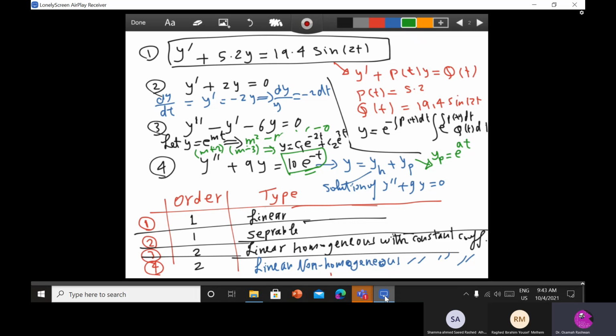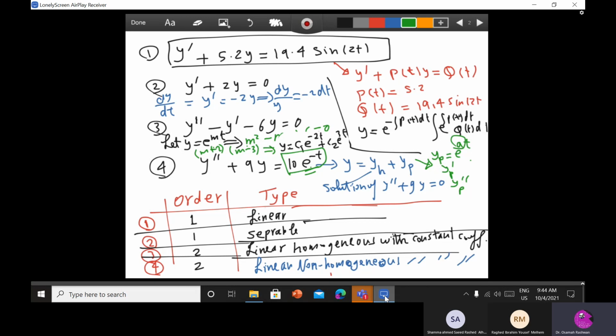For example, if I have a root here minus 1, e to the minus t is similar to this, so I have to multiply it by t. Now I know how to find this one. I will have yp' and yp'', substitute in the differential equation, and compare the coefficients. I will have the value of a. I add yp plus yh, and I will have the general solution for the non-homogeneous second order linear differential equation with constant coefficient, right?